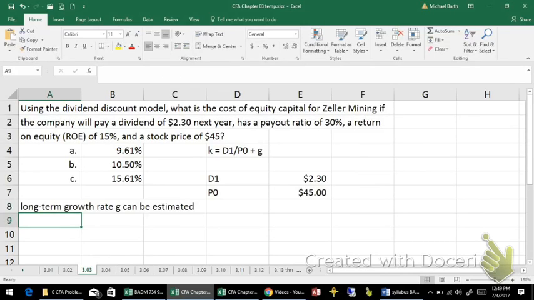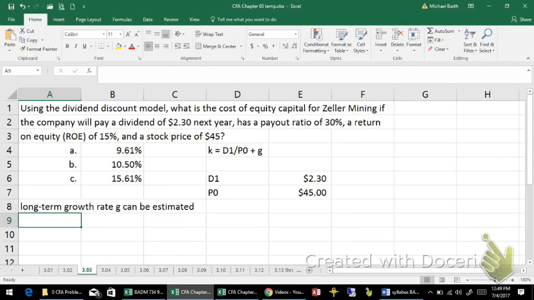So if a company, here we have the return on equity as 15%. All right, so if they're earning 15% and they're paying out 30% of that 15%, they are retaining the other 70%. If they retain earnings, it makes the company bigger.